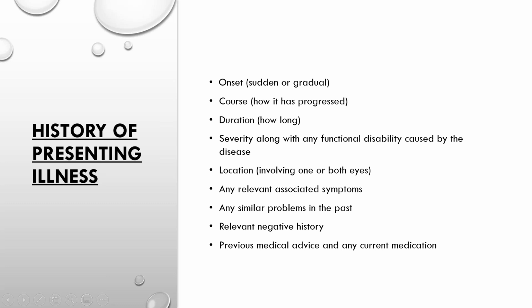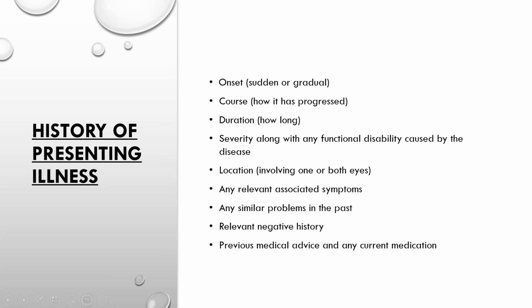Then coming to the course of the disease, you have to be able to derive from them whether the disease, for example, if it is present since 3 years, has worsened in these 3 years, whether it has remained constant, or it has become better over the years. So for a thing like, for example, cataract, it would have progressed over the 3 years, right? Or if it has been a refractive error, if it hasn't changed much, then they'll say, yeah, it's been present since 5 years, but there does not seem to be a change.